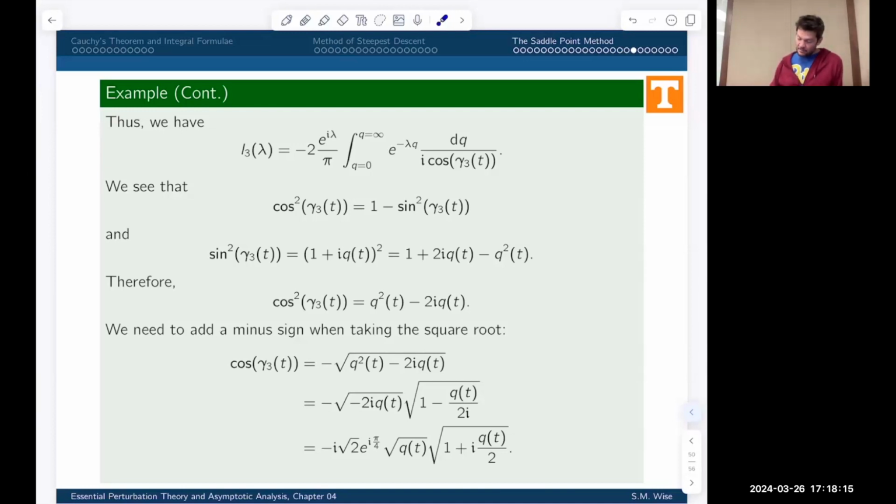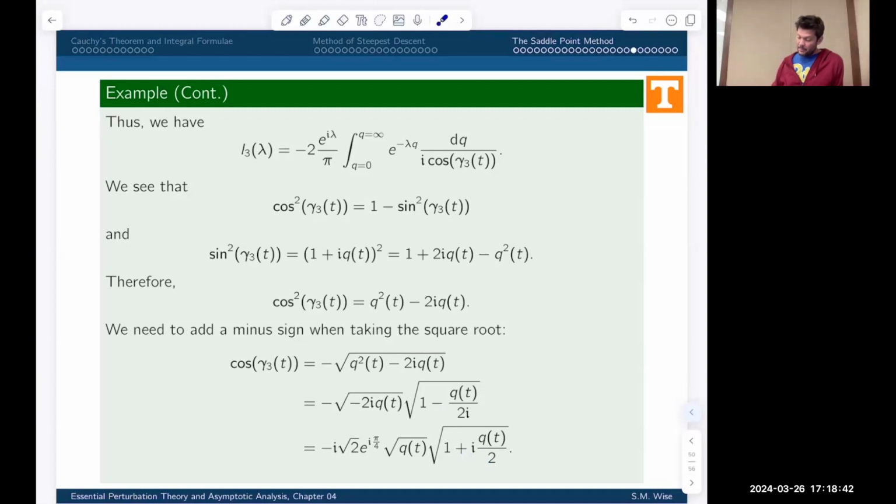That just comes out to minus i square root of 2 e to the i pi over 4. Okay. All right, so what haven't I said? I think we're okay. Oh, the other thing I did here is if you divide by i, that's the same as multiplying by a minus i. So that changes the sign of this guy to plus i qt over 2.